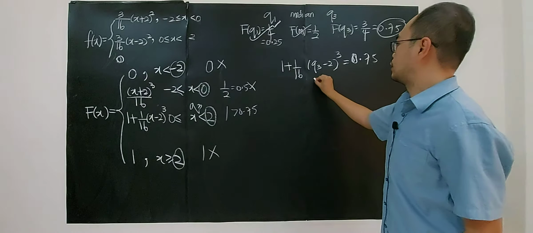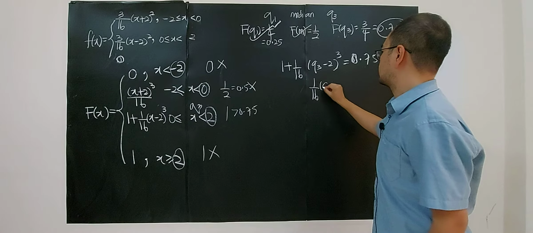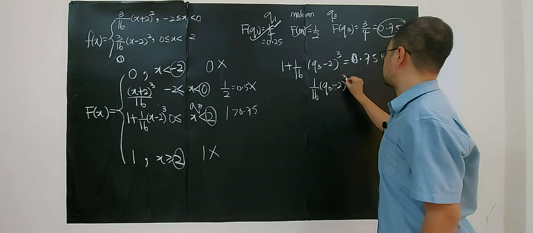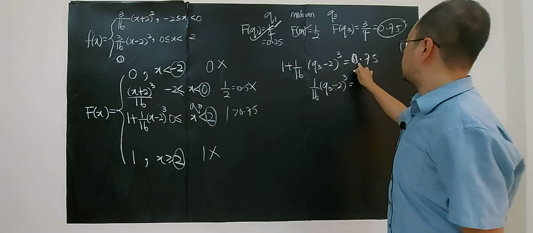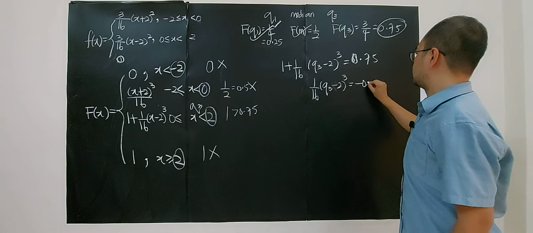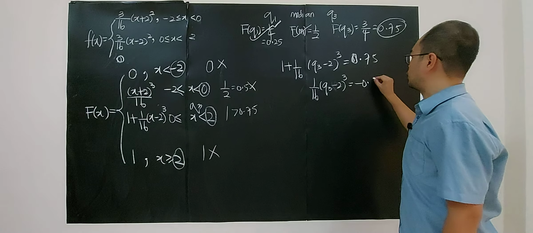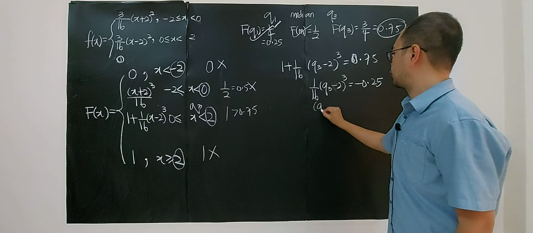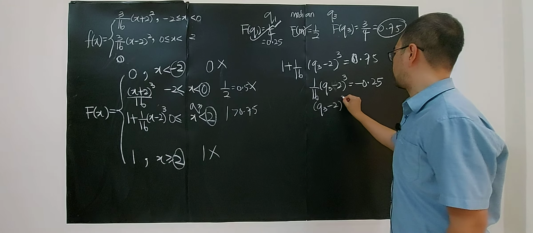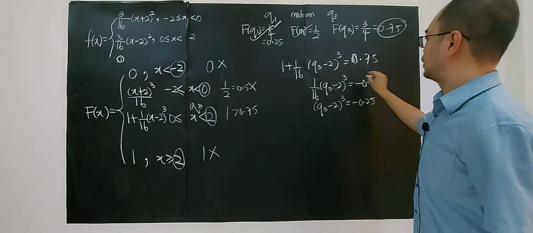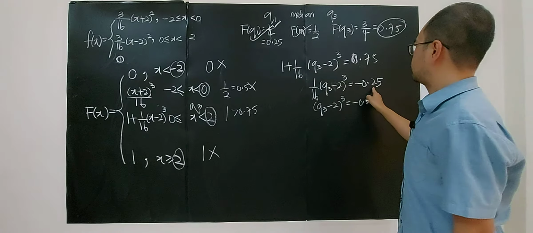So then you have 1 over 16 (Q3 minus 2)^3 equals 0.75 minus 1. So you have negative 0.25. So (Q3 minus 2)^3 is 1/16 ... equals negative 0.25, right? So this one minus 1, negative 0.25.